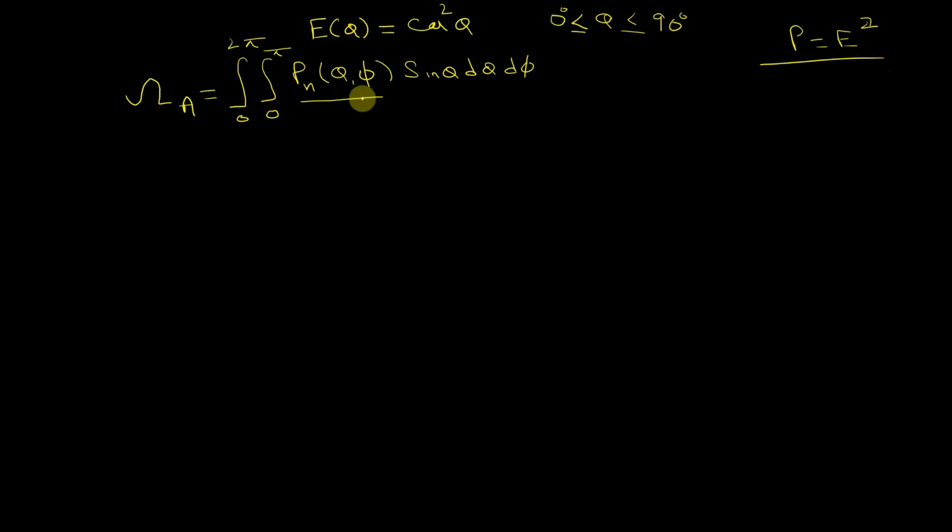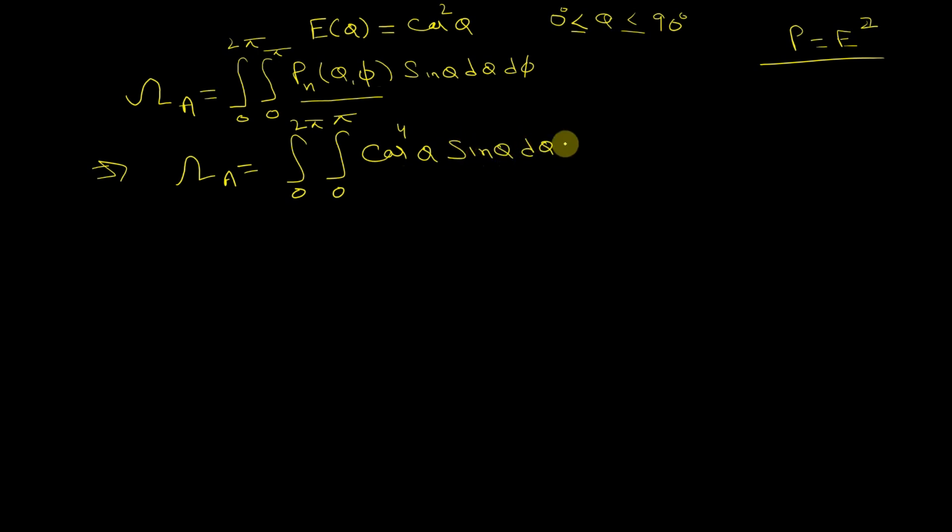Okay, so squaring this, it implies that the beam area will be equal to the integral from 0 to 2 pi and 0 to pi of cos raised to power 4 theta, and this term as it is, sin theta d theta d phi.